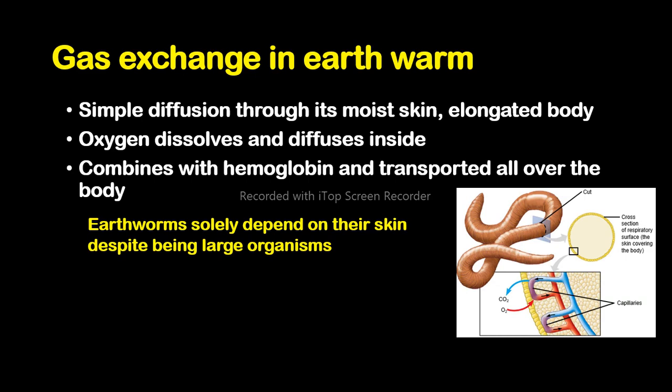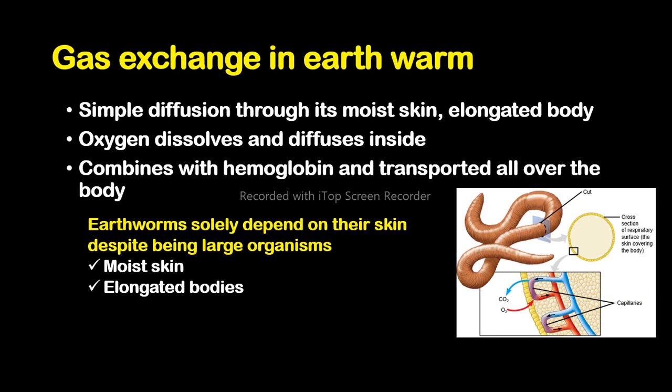So there is a note here that gas exchange in these earthworms depends entirely on their skin, despite being multicellular organisms. Why? Because of the features they possess. The skin is moist, like we've said.